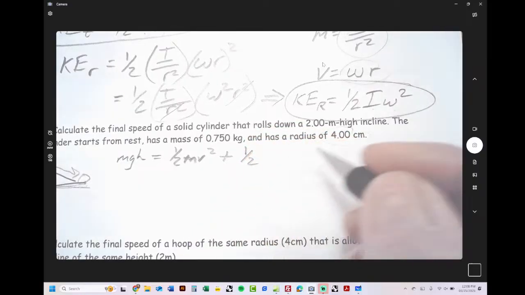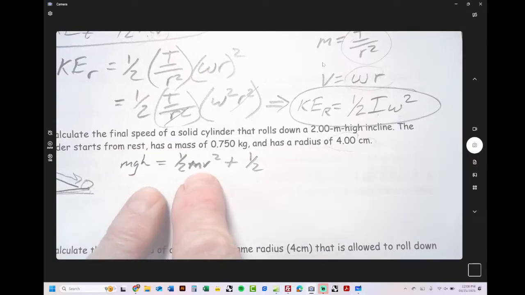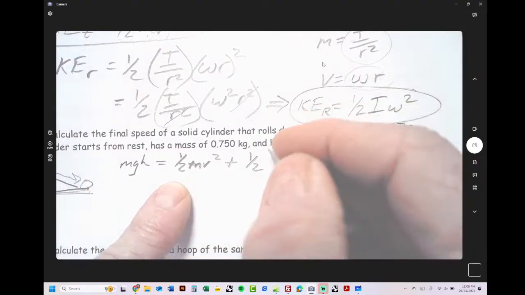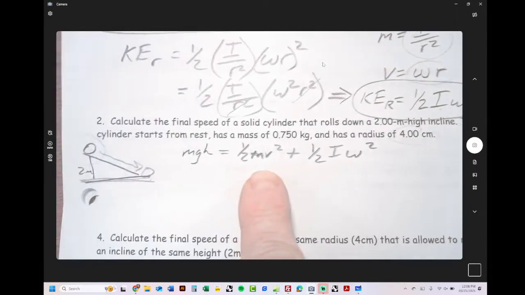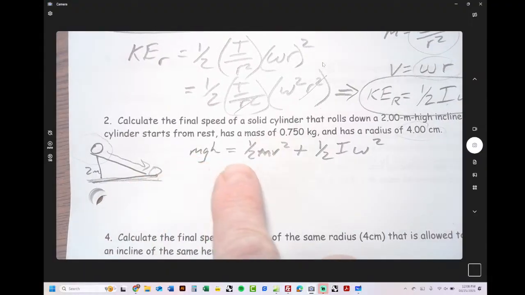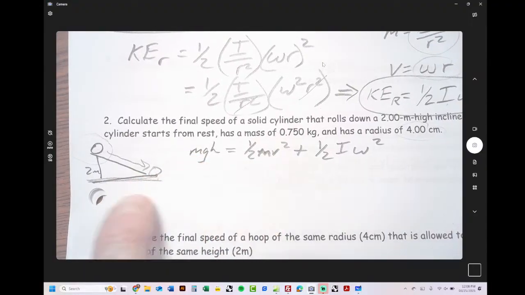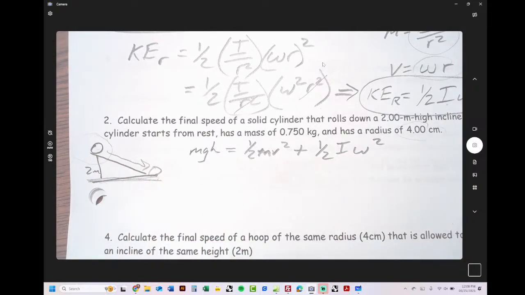All right. I need to finish. So MGH equals 1/2 mv squared plus 1/2 I omega squared. These are the two kinds of kinetic energy that this thing has. So that is being apportioned out into the part that makes it go and then the part that makes it spin.